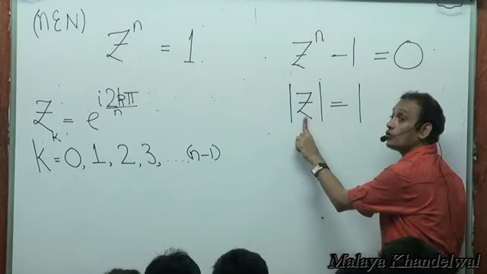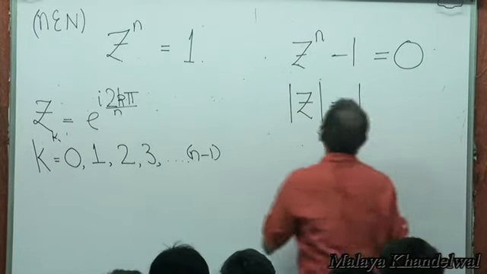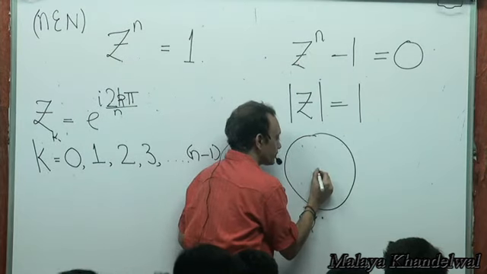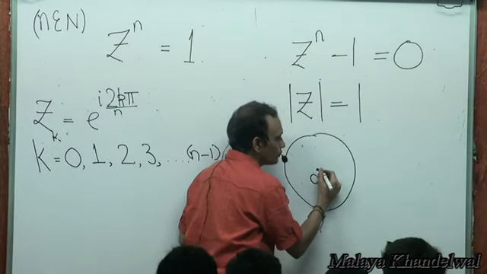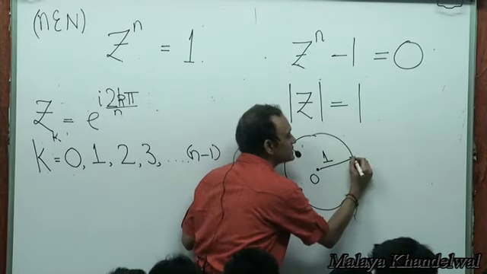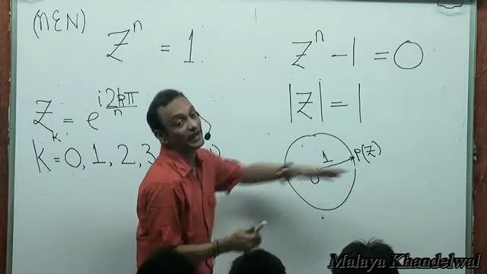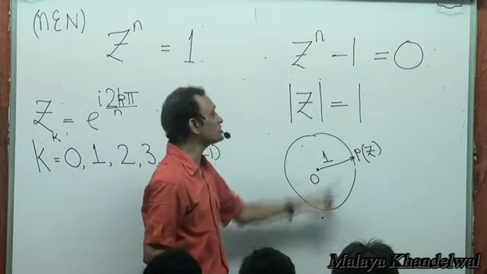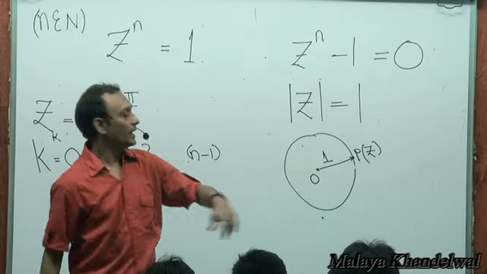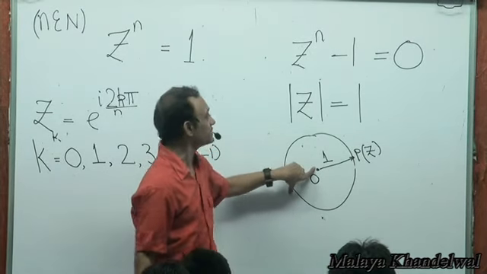That means z lies on a circle centered at the origin and radius 1. If this is the origin O, this is a circle centered at O and radius 1, then z could be any point on this circle. The position vector z could be any point on this circle. Mod z equal to 1 represents various complex numbers z lying on a unit circle centered at the origin.